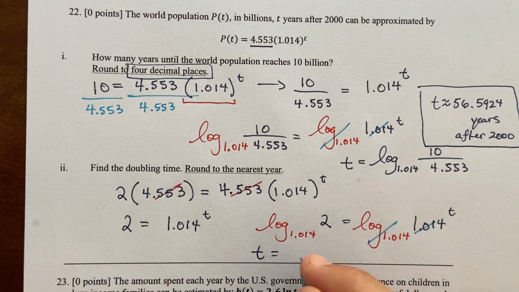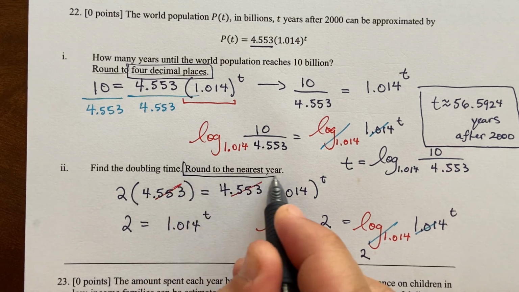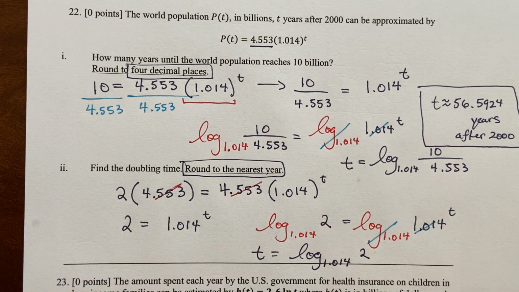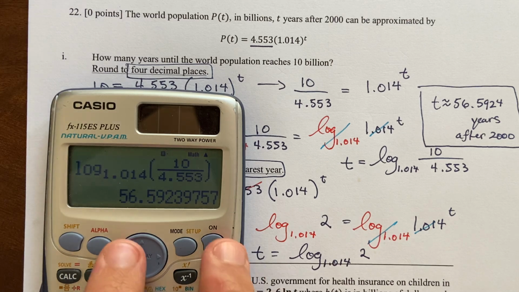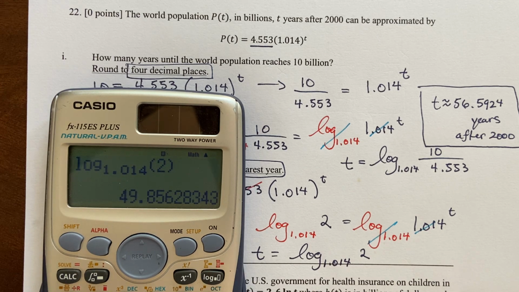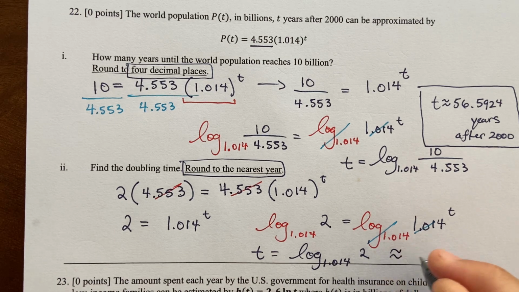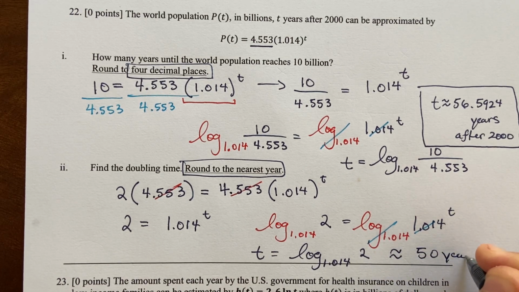So t would equal log base 1.014 of 2, and it says round to the nearest year. So type that in. So it's about 50 years. And that'd be after 2000.